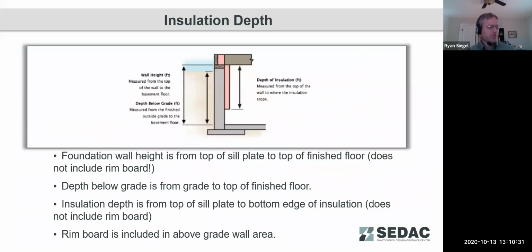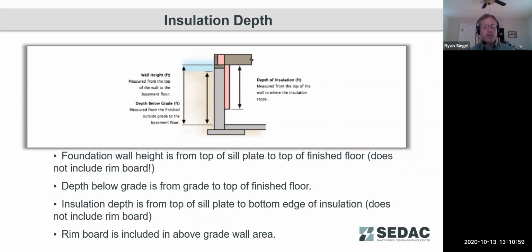So as far as insulation depth, this is an illustration that comes from ResCheck, and we like to bring this forward because this is fairly detailed as far as an illustration between what is your total wall height versus how much of this is below grade, and then where you're measuring your depth of insulation.